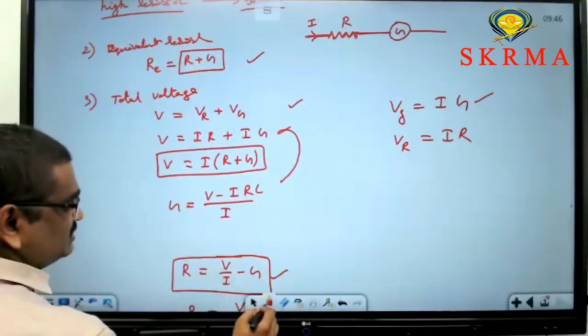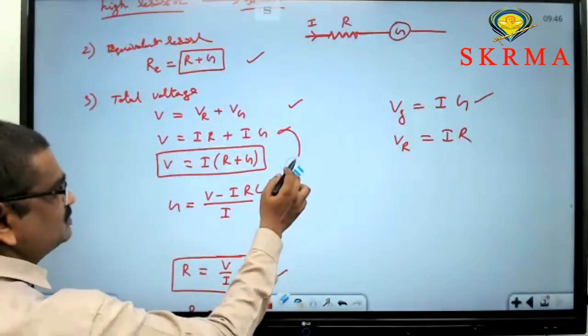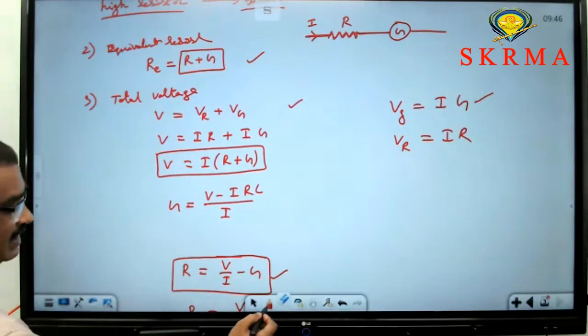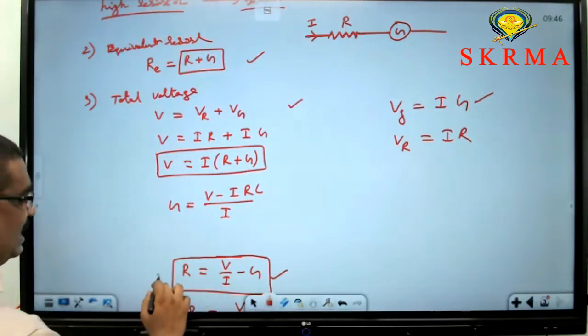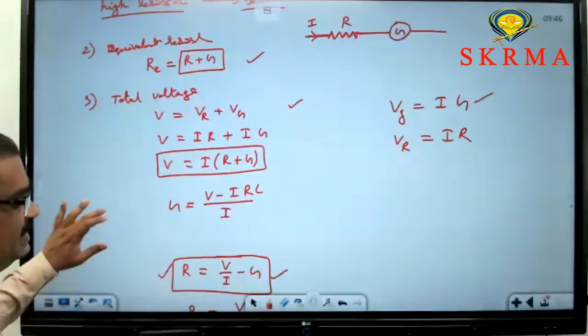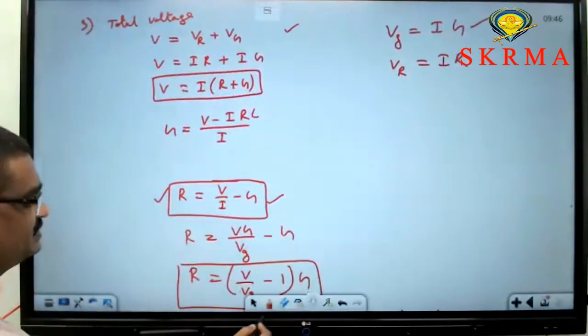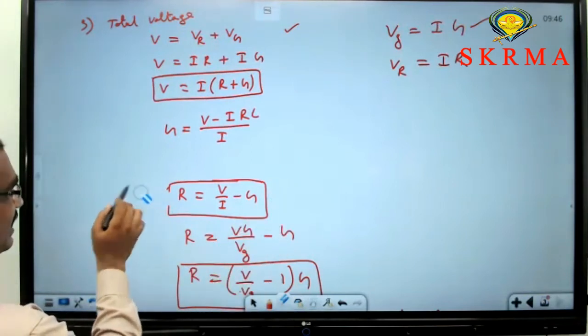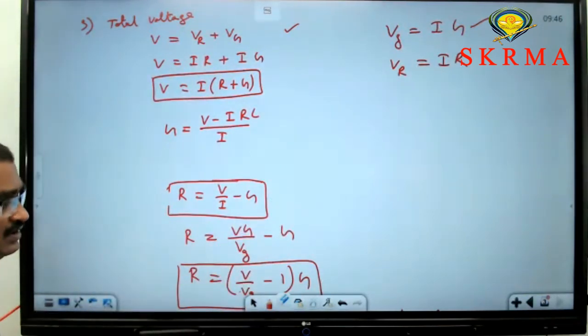Voltage can be written as V equal to IR from Ohm's law. Now from that we can solve for R. R can be written as V by I minus G.